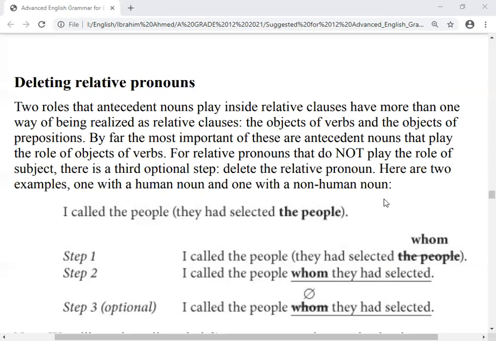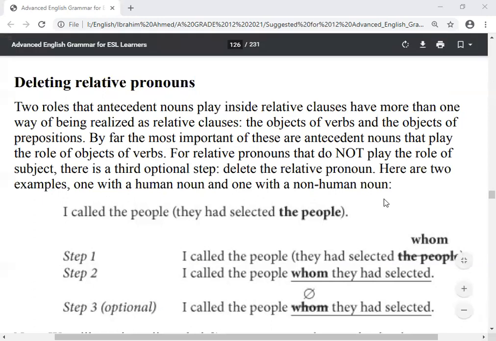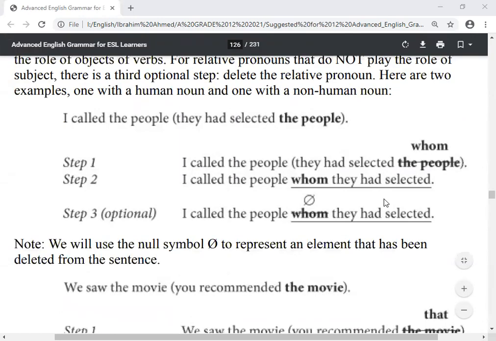I called the people. They had selected whom, because it's an object here. I called the people whom they had selected. We have an optional step. We can delete the pronoun whom as long as it is an object, or the object of a preposition. I called the people.